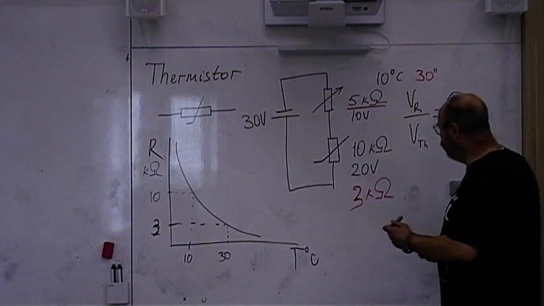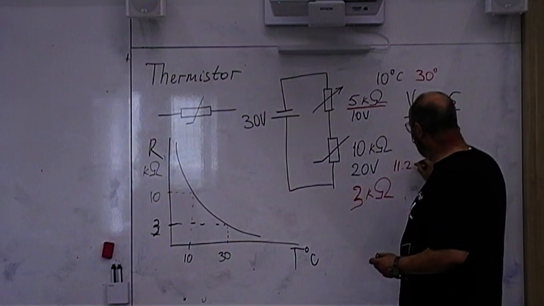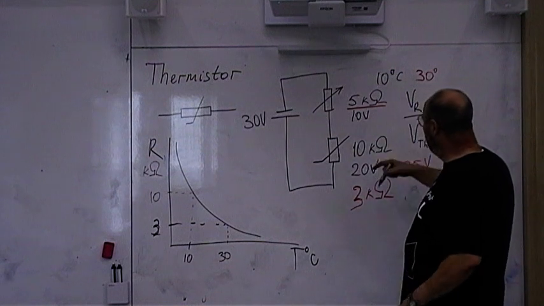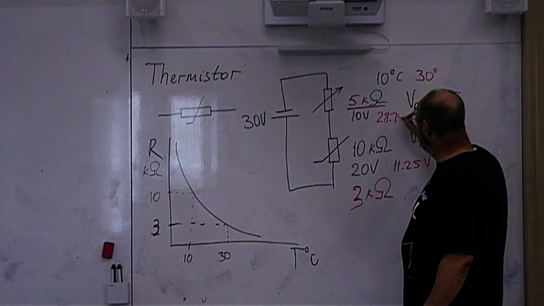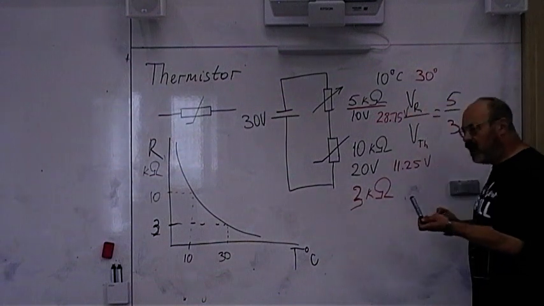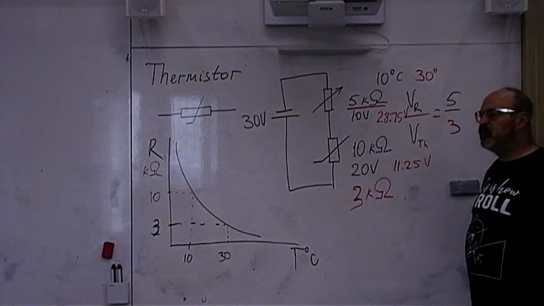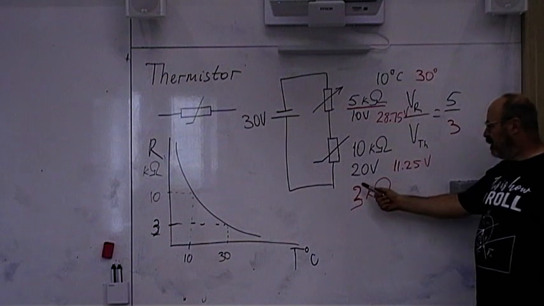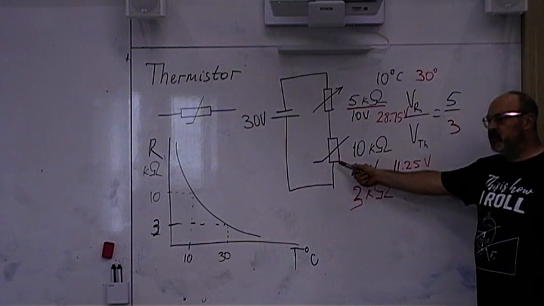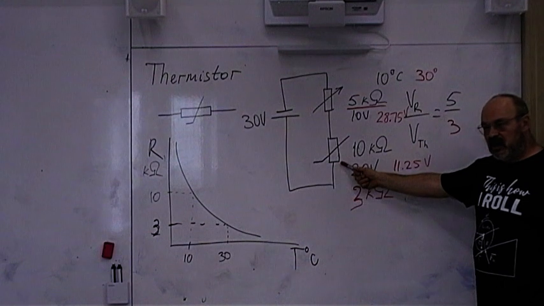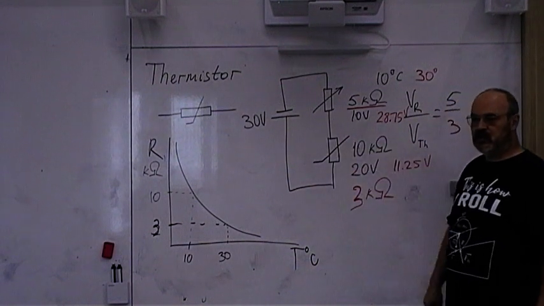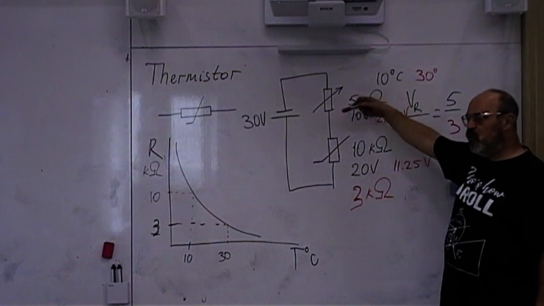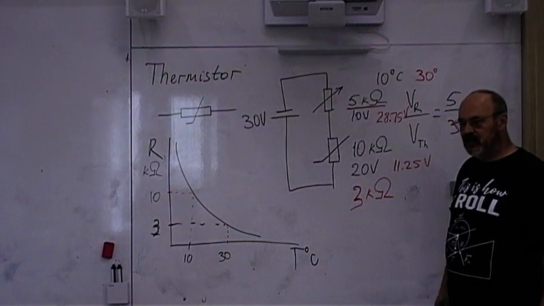So we have 11.25 volts here, and we have 28.75 volts there. So what happens with how voltage is shared when temperature increases? We have less, because this will be less and less resistance, there will be less and less voltage across this, and more and more voltage across that.